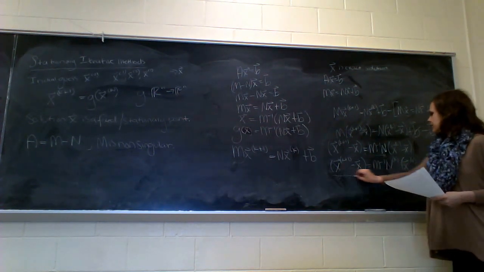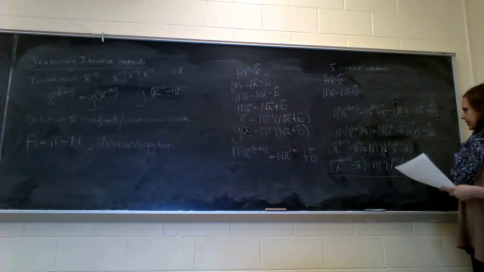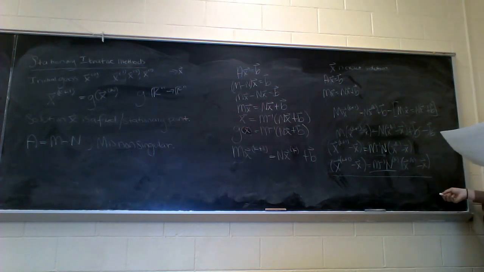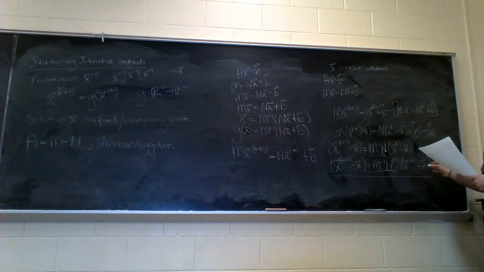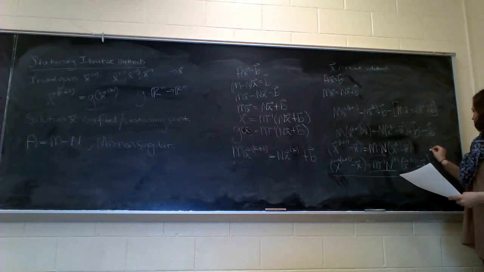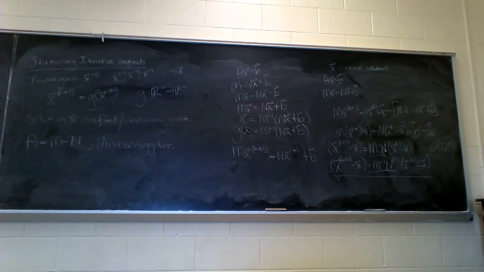So from this right here, we can see that the error after each iteration was obtained by multiplying the error from the previous iteration by this matrix right here, M inverse N. So therefore, for the error to converge to the zero vector, for any initial choice of x_0, we must have rho of T less than 1. So the spectral radius must be less than 1, which is what we talked about last time.